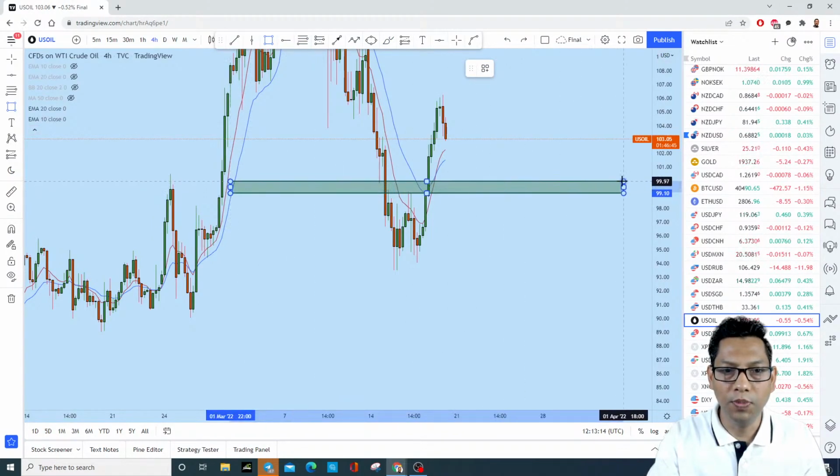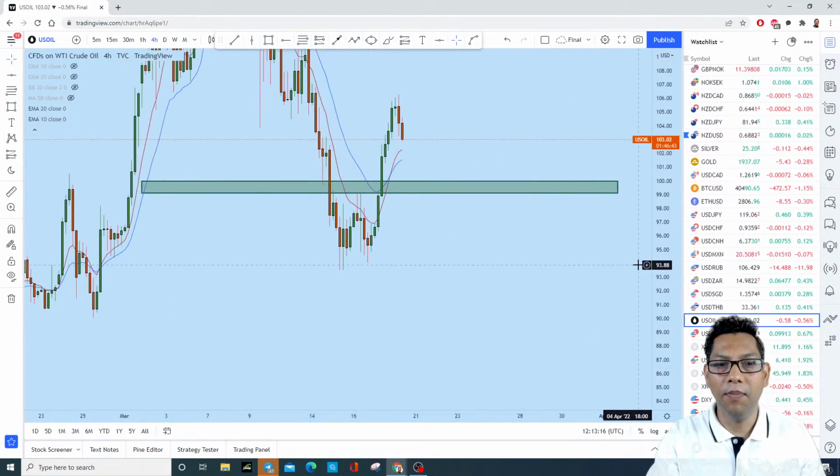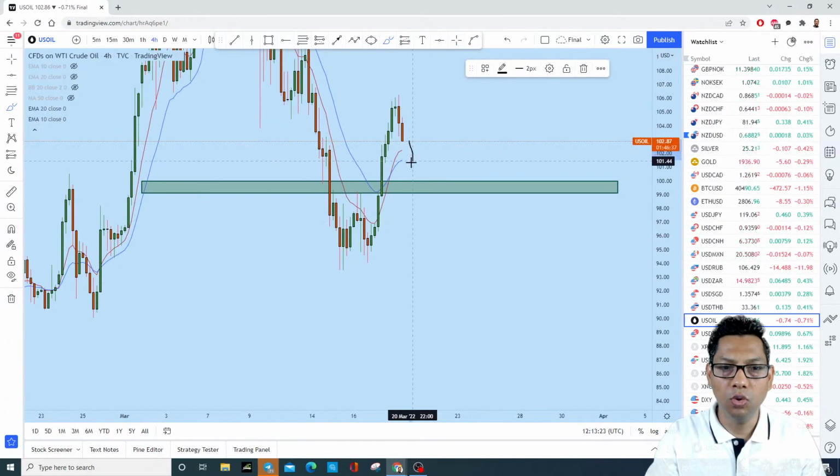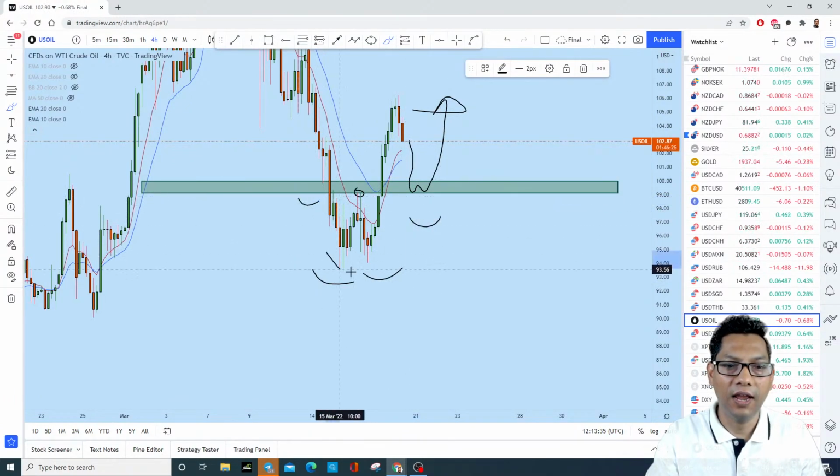This could be a zone where we can buy US oil. You see there is a candle here. What is highly likely to happen? US oil will come down here, create a candle and then go up. So we could see a double bottom retest of this neckline, and at the same time an inverted head and shoulders, mirroring the left side to the right side and going up.